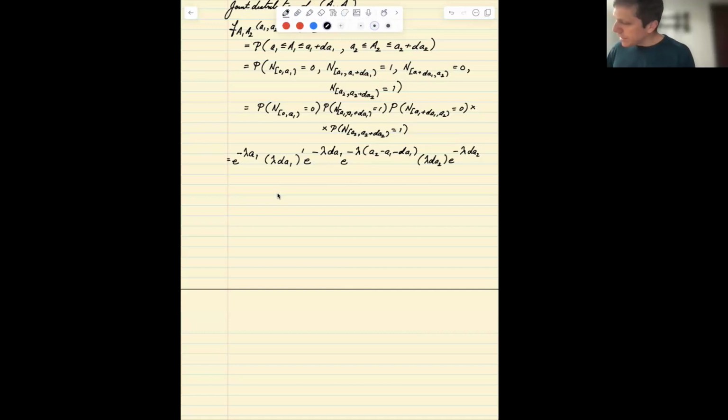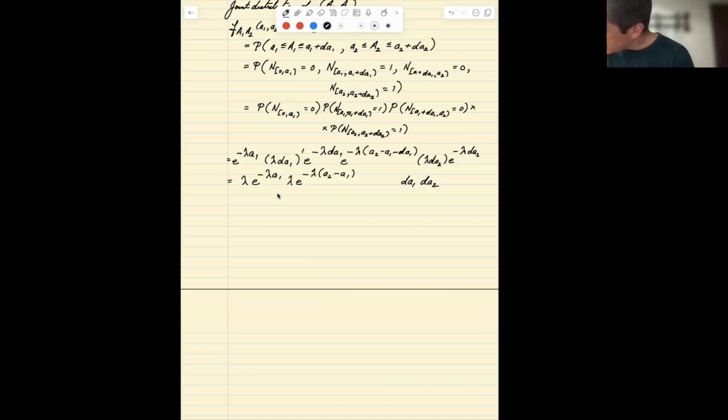So when we do this, what happens? There is a dA1 and a dA2. We end up with lambda e to the minus lambda a1, and then e to the minus lambda dA1, which we can ignore because dA1 is small. Then e to the minus lambda (a2 minus a1), and another lambda, so lambda e to the minus lambda (a2 minus a1) dA2.